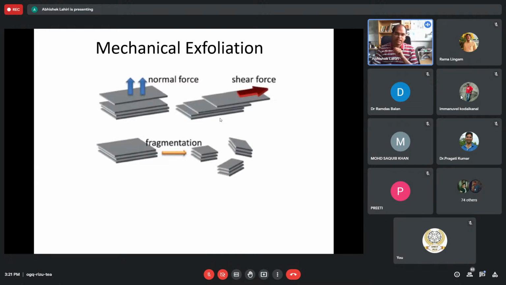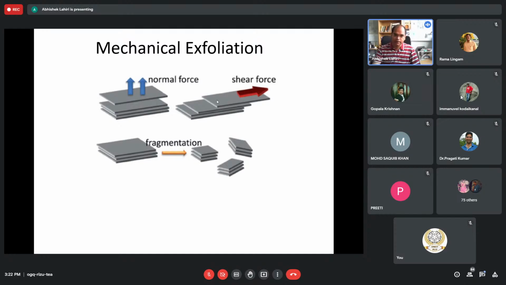In the case of mechanical exfoliation, there are only two forces which can be applied for exfoliating. Because you have a layered structure like this, you can either take the structure away from the second structure, which is where you apply a normal force. The second is applying a shear force: you have stacked layers, and you just move one layer over the other.